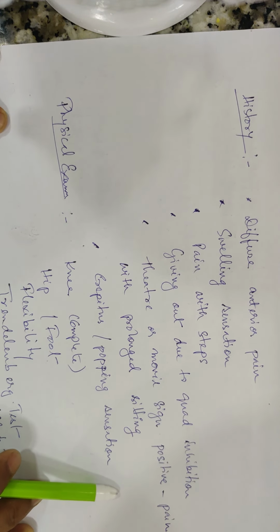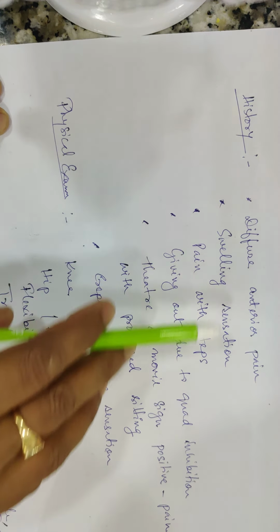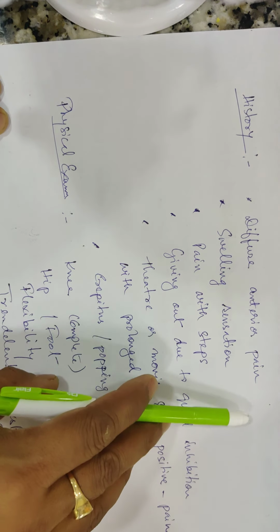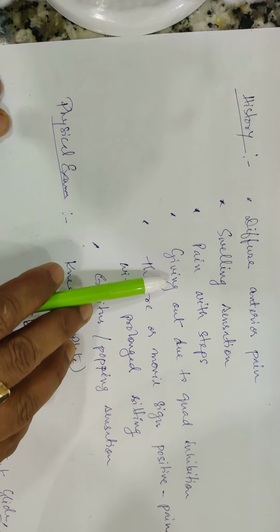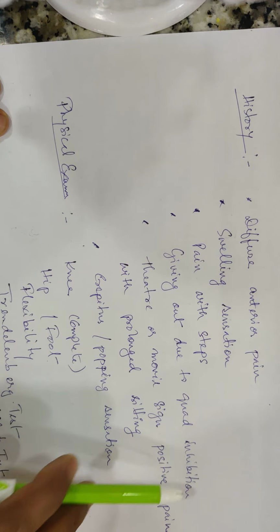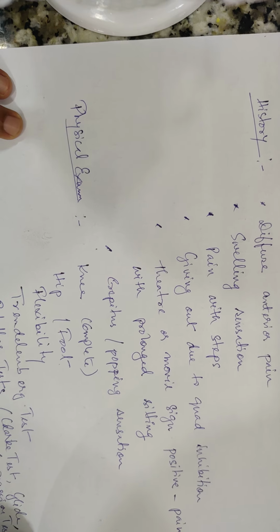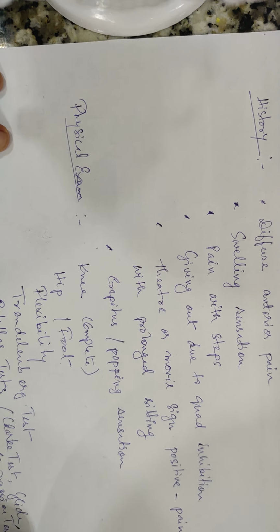So again I repeat, the history will be diffuse anterior pain, swelling sensation, pain with steppings, giving out feeling due to quadriceps inhibition, the movie sign or pain with prolonged sitting, crepitus, popping sensation.